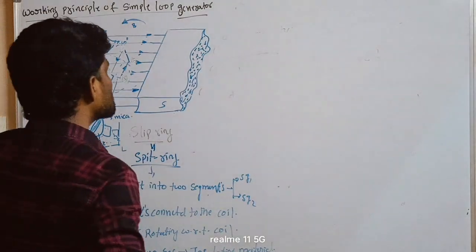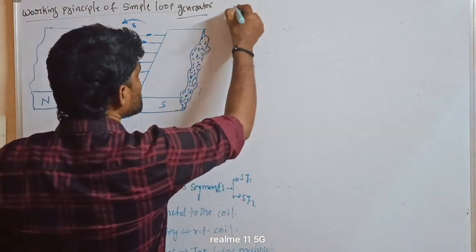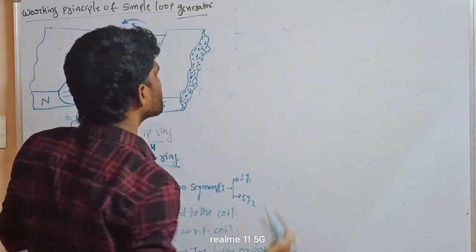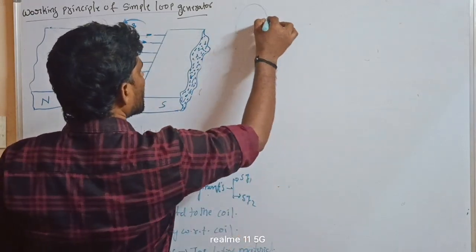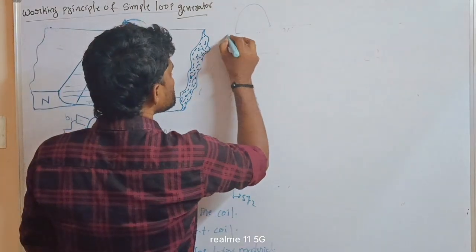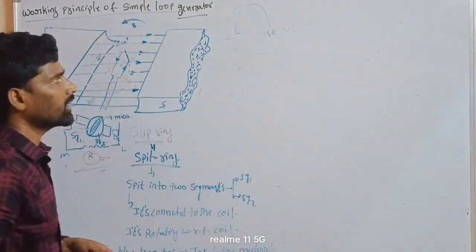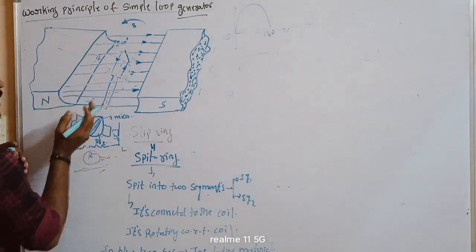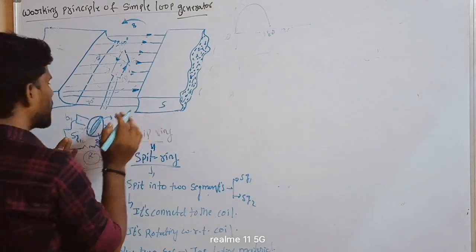So in the first case, 0 to 90 degrees. Again, 0 to 90 is the maximum, so directly we take 0 to 180 degrees. In 0 to 180 degrees, the coil will be shifted with the coil rotation.